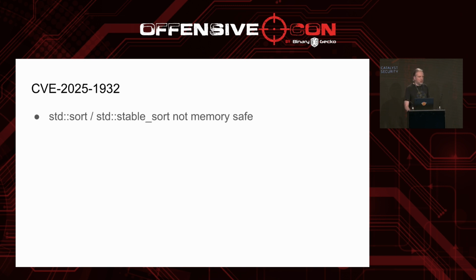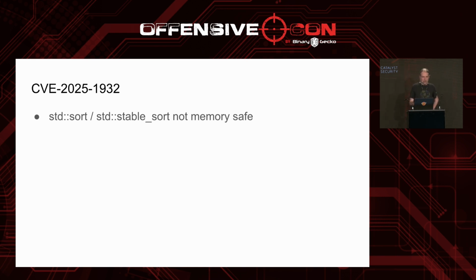And this approach, again, resulted in a vulnerability. I'm going to show you this vulnerability because it is in a bug class that I don't think is very widely known. So, did you know that C++ standard template library implementations of sort and stable sort might not be memory safe?